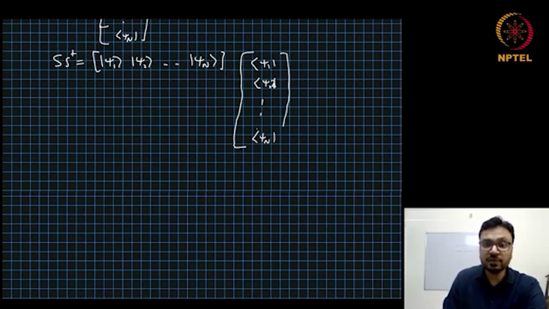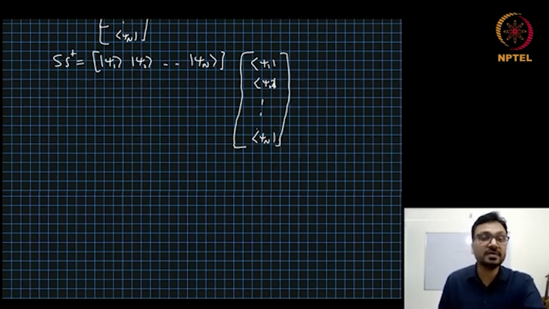There is no trick I am using here. You can take the explicit form of the vectors, put them in, and you will see this is a valid matrix multiplication.